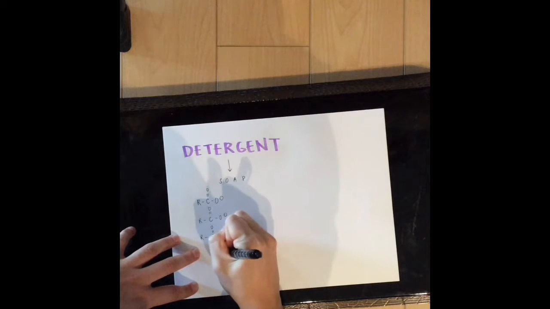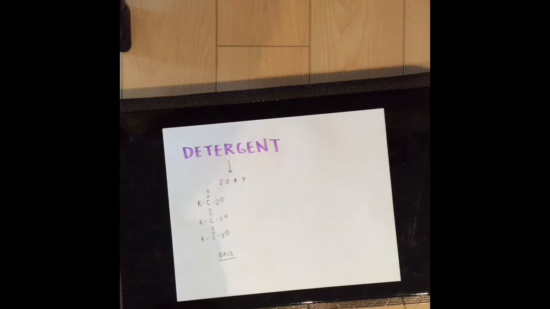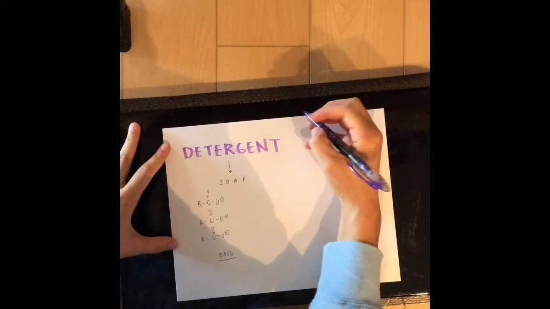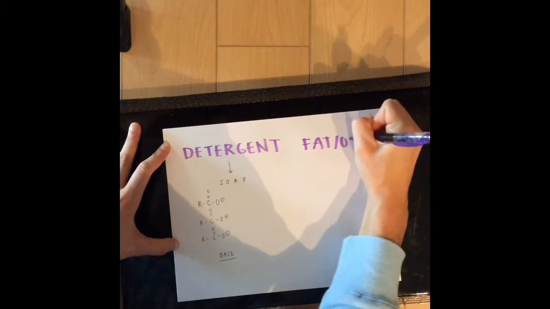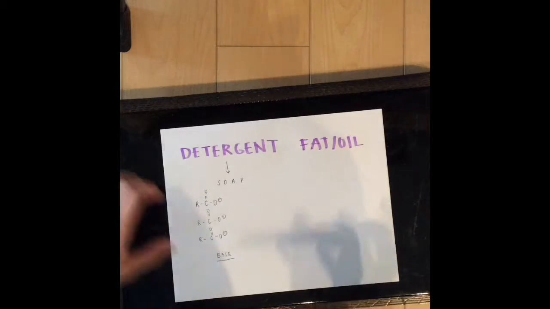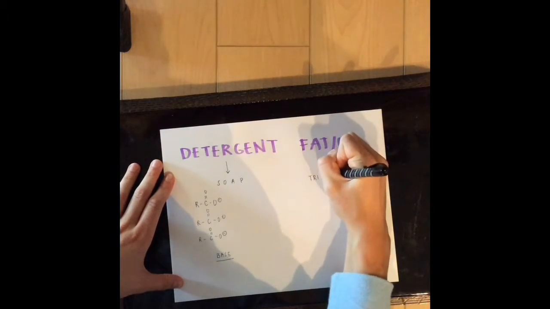This is an example of a soap chemical structure. Here we notice that the soap is a base. Fat and oil, on the other hand, is made up of triglycerides.